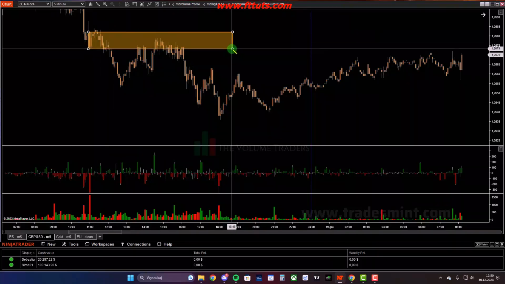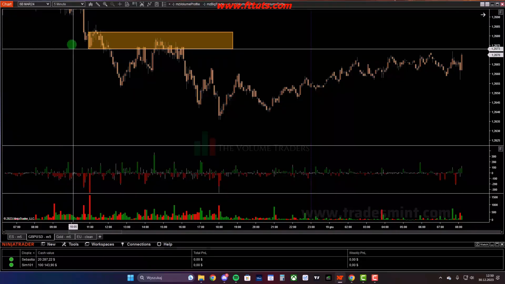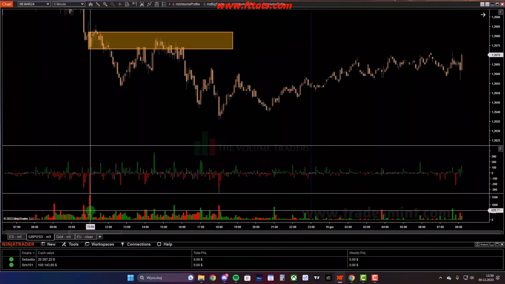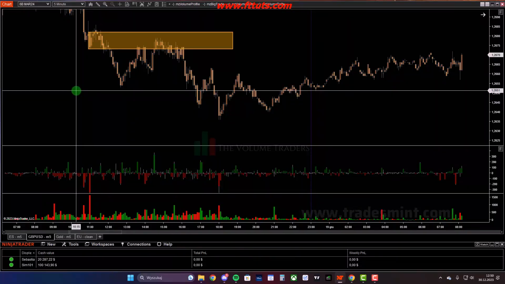So what is important for me? This should definitely be higher volume and also not too big a candle. So not a news candle like CPI candles or NFP news candles, because these candles are like 30 pips to 50 pips big.